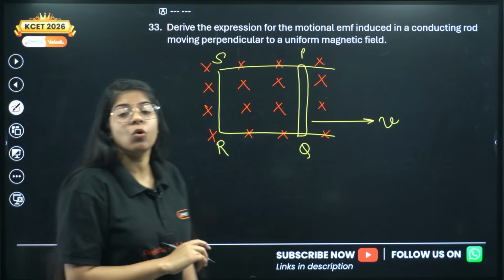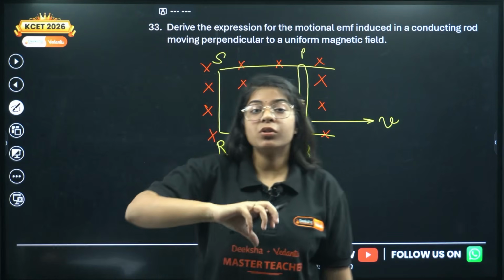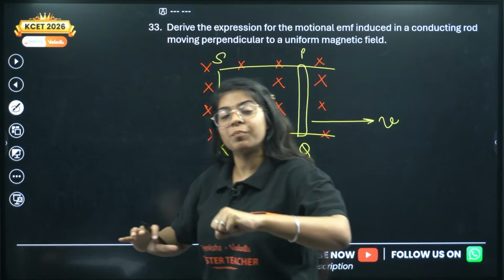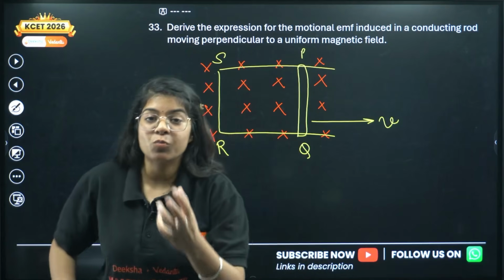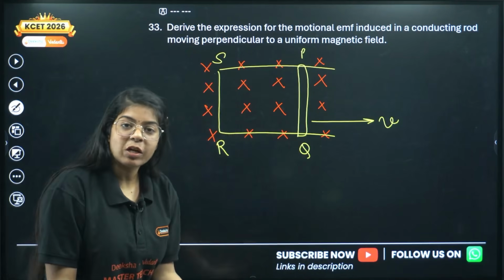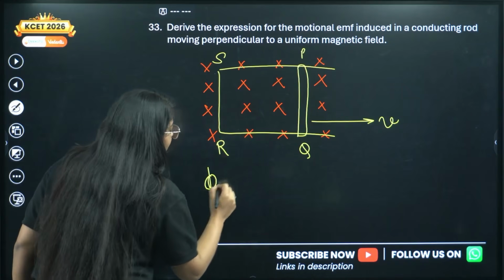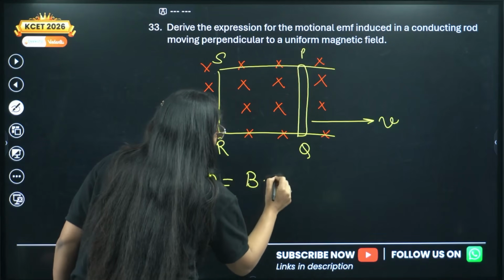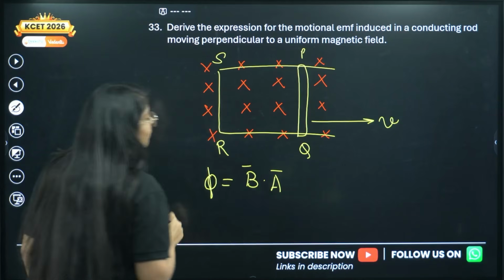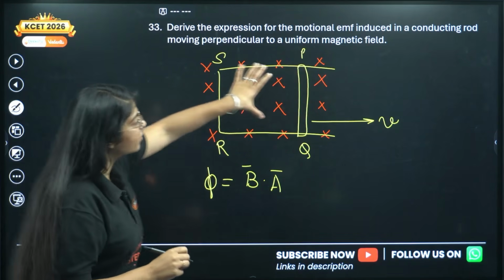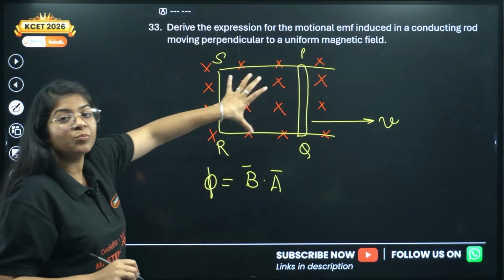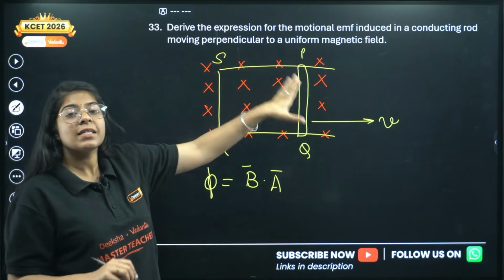Now we know that whenever this rod moves, due to its motion a flux will be generated, and flux is B dot A. A is the area of this frame on which the rod is moving. That's why we took this frame.